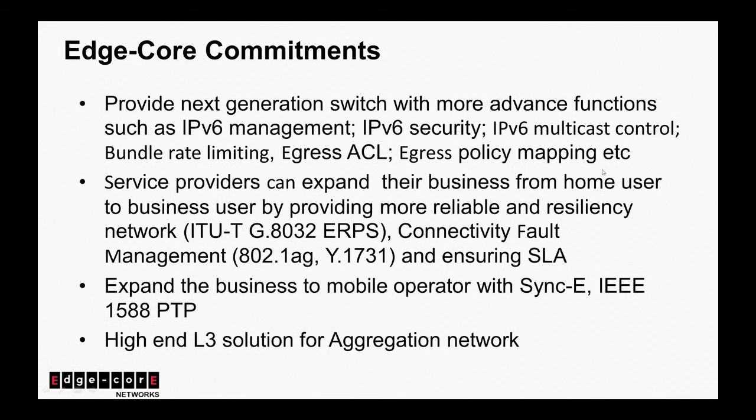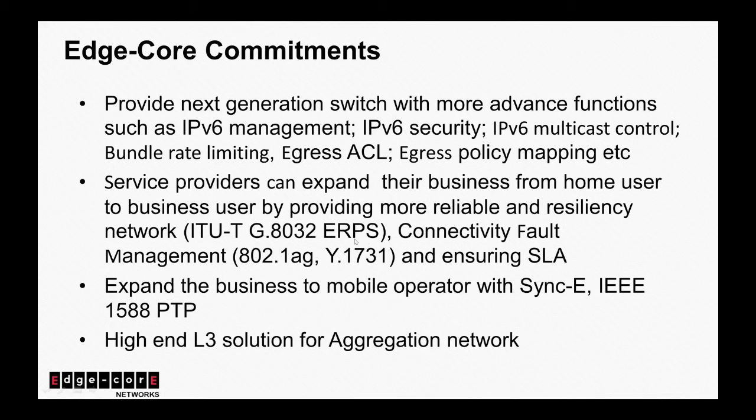So not only for the home user, we also try to help our service provider customers to provide service to the business user. In order to provide service to the business user, we need to provide software functions which can provide a reliable and resilient network. Like the ITU-T standard, this is the telecom standard, G.8032, Ethernet Ring Protection Switching.